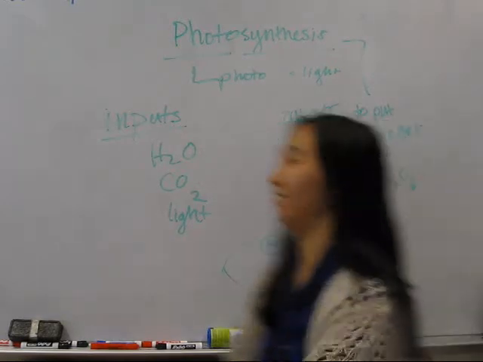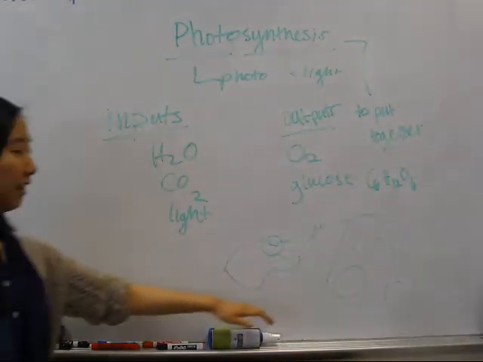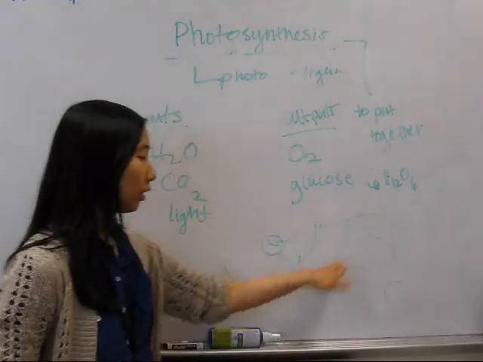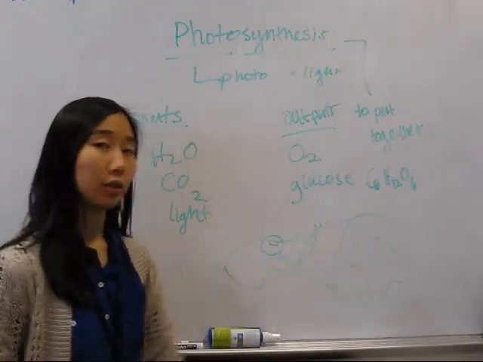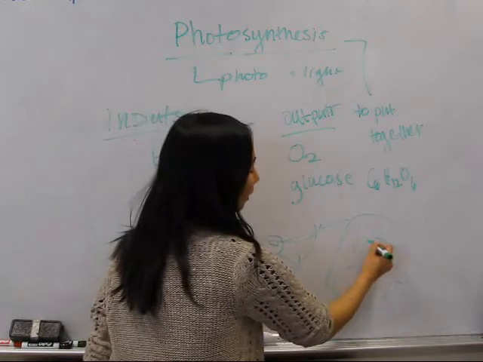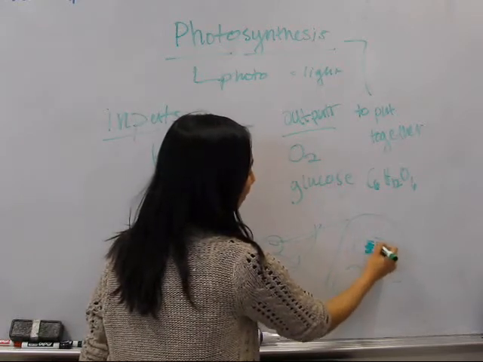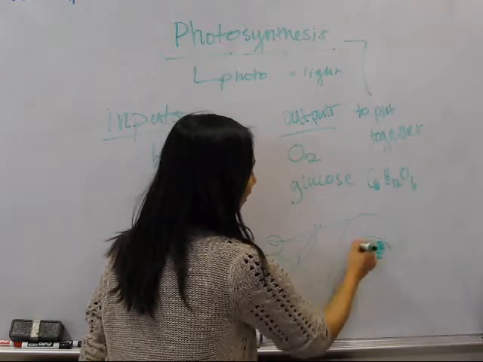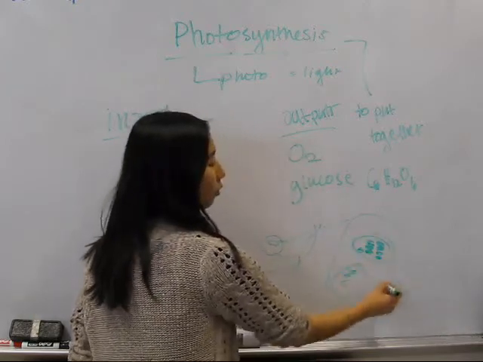Sorry about that. Inside your plant cell, you should have green discs floating around. These green discs are called chloroplasts. This is a chloroplast. This is a chloroplast.